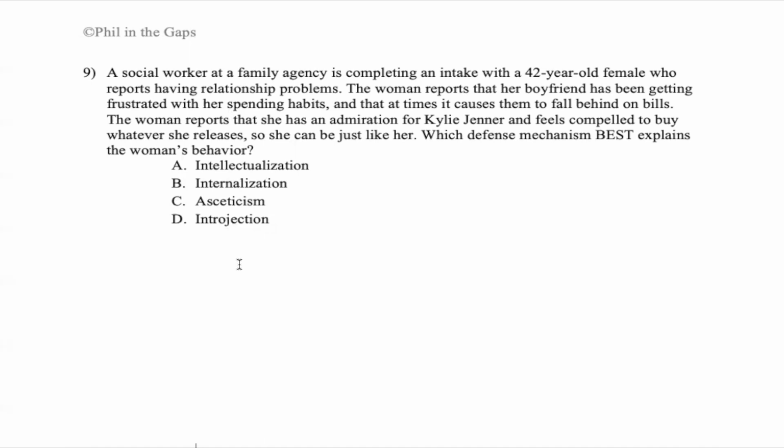The woman reports that she has an admiration for Kylie Jenner and feels compelled to buy whatever she releases so she can be just like her. Which defense mechanism best explains the woman's behavior? A, intellectualization, B, internalization, C, asceticism, or D, introjection.